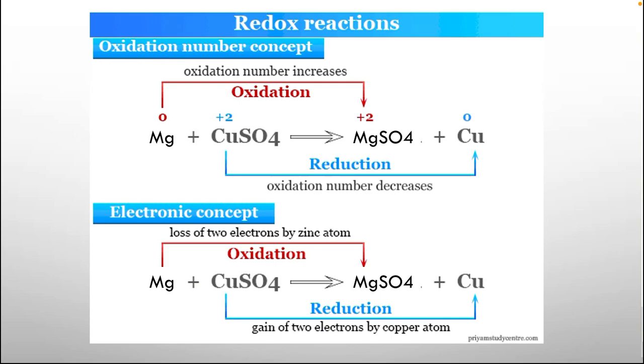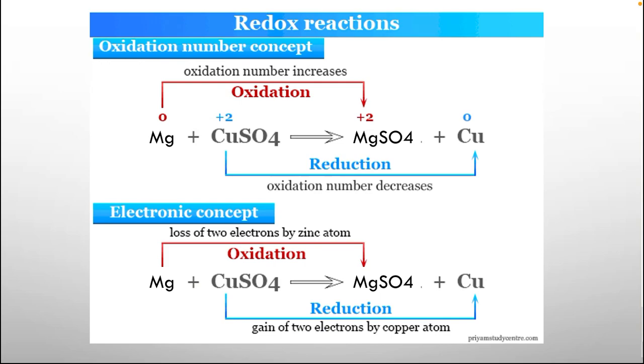Magnesium oxidizes and gives its 2 electrons, and reduction occurs with the copper. Copper takes the 2 electrons from magnesium and becomes neutral and free.